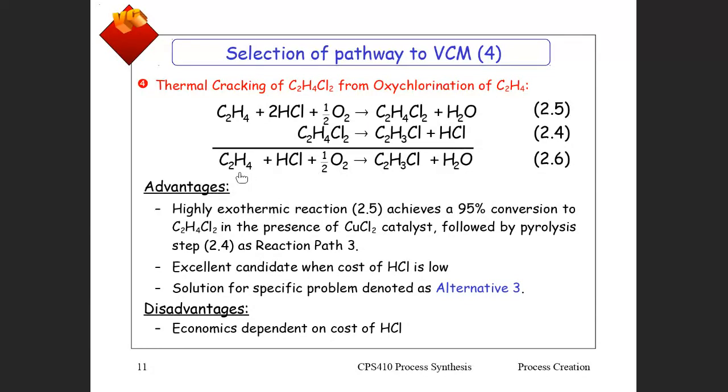Put them together, it's ethylene, HCl, and now we're using HCl plus oxygen, also a cheap, easily available resource, and we make vinyl chloride monomer and water. And water is easier to get rid of if it has a low value, because it is environmentally okay to get rid of water.